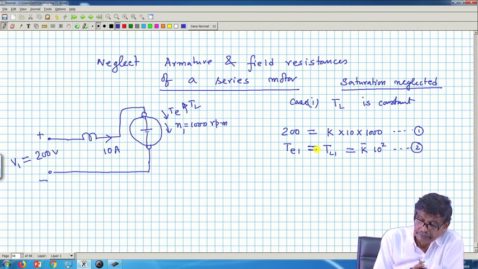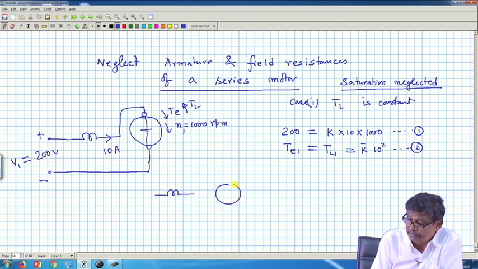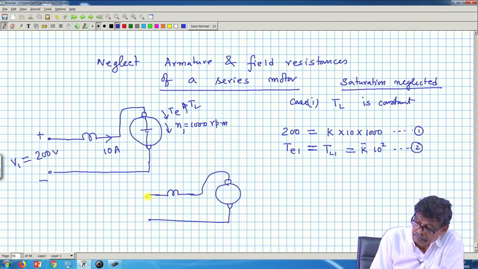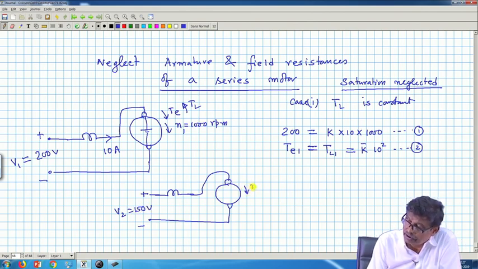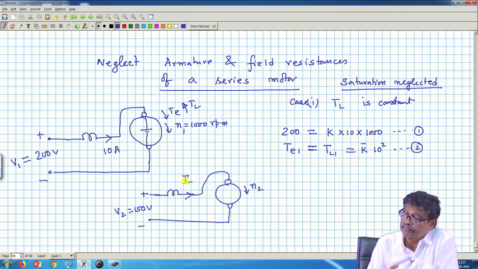Suppose now what I have done is this. Supply voltage has been changed to 150 volt. I want to know what is the speed and what is the current drawn by the machine. Case 1, load torque is constant.